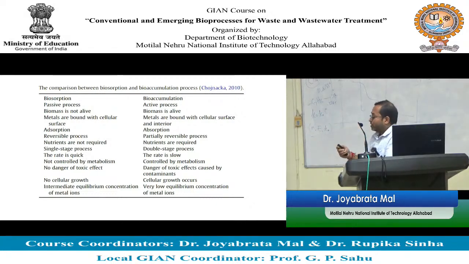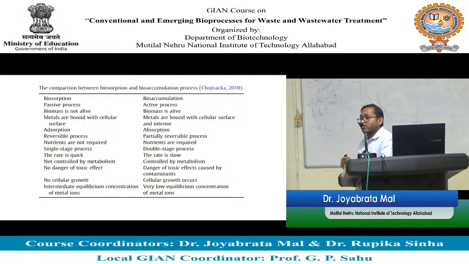The limitation is that it immediately reaches its equilibrium because it's chemical precipitation. So the binding sites are fixed, it's not changing. Okay, because then we are doing it with a dead biomass. So after a certain point it will reach its equilibrium or maximum stage, while for bioaccumulation it never reaches that saturation or equilibrium stage because the bacteria are alive, they are growing.